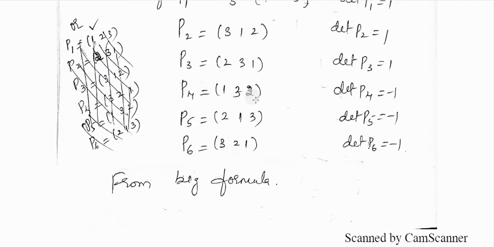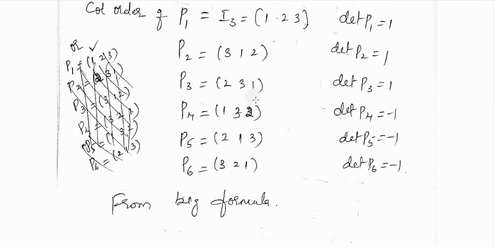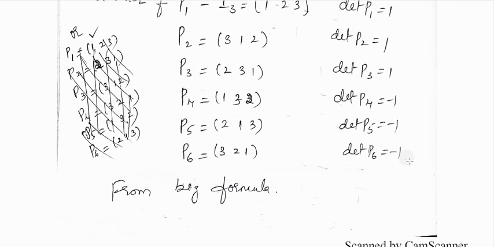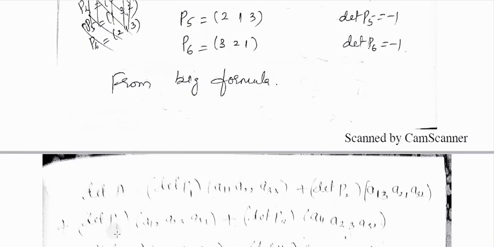So determinant of P2, with respect to this order I have expanded the determinant. The P1 order is 1, 2, 3, next P2 order is 3, 2, 1. Sorry, 3, 1, 2. The P3 order is 2, 3, 1.